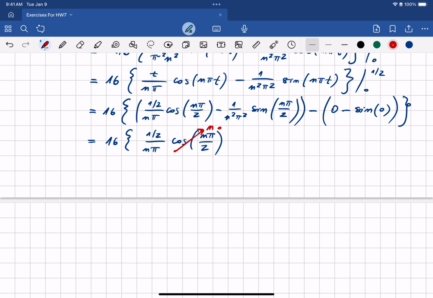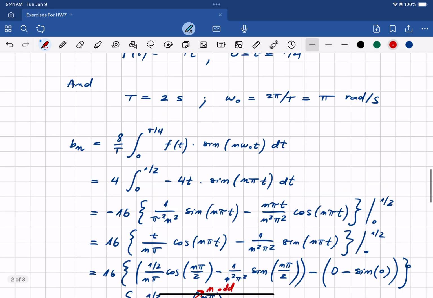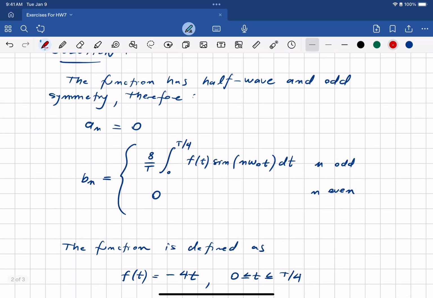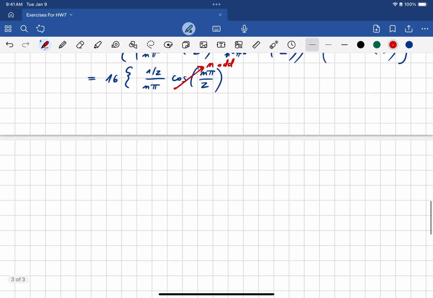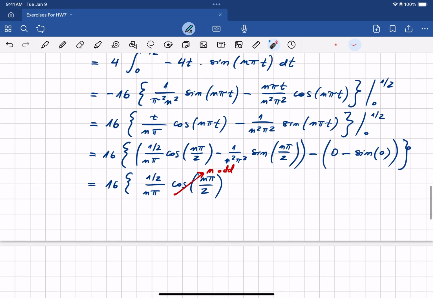Because n is odd, we defined that here. N is odd. So that means n is going to be 1, 3, 5, and so on. What does it mean? That we're evaluating cosine of pi over 2, 0, cosine of 3 pi over 2, 0, cosine of 5 pi over 2, 0. So we can use that definition to get rid of that. So essentially, we're going to say this is 0 because n is odd.